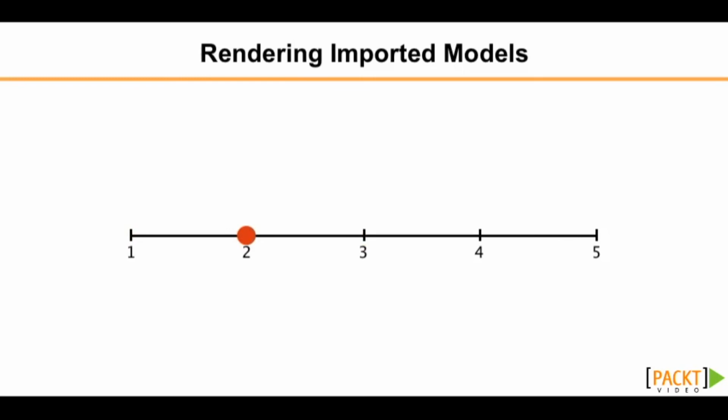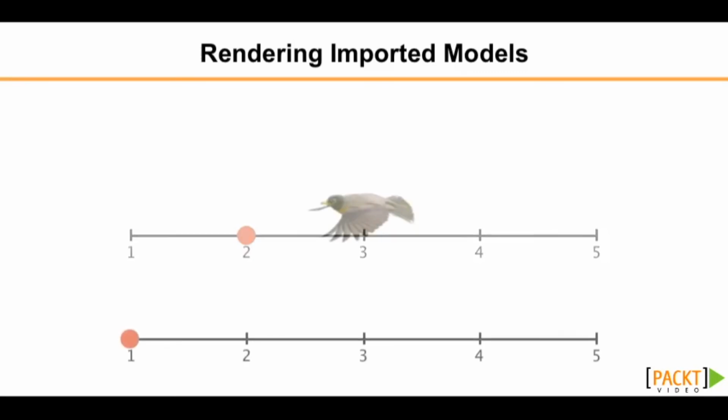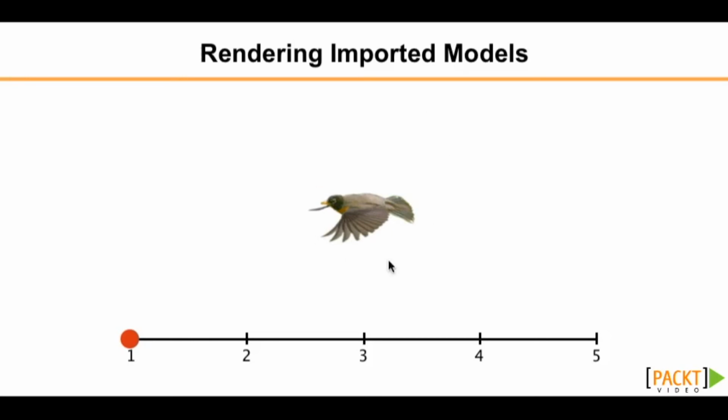So in the case of a complex animation, we can either define each keyframe by itself and, for example, say that on second 1, the wings of a bird should be there. So let's suppose we have a bird. In second 2 would be there, and 3, 4, and 5. Now, if we play this animation back and forth, it would give the illusion that the bird is flapping its wings.